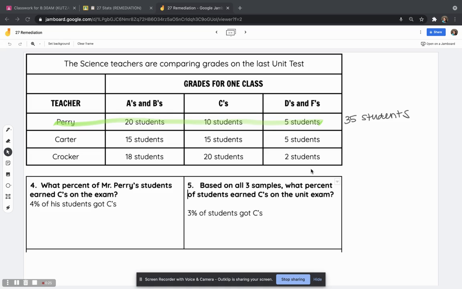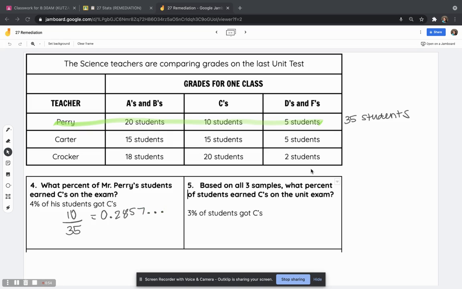Right, we're looking for the percent of students that got C's. So out of those 35 students, 10 of them got a C. So our fraction will be 10 out of 35. So the easiest way to go from a fraction to a percent is to divide. So 10 divided by 35, and when you type that in the calculator, you're going to get 0.2857, and it's going to keep going on and on.